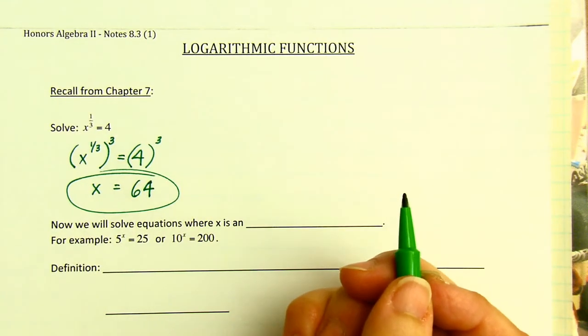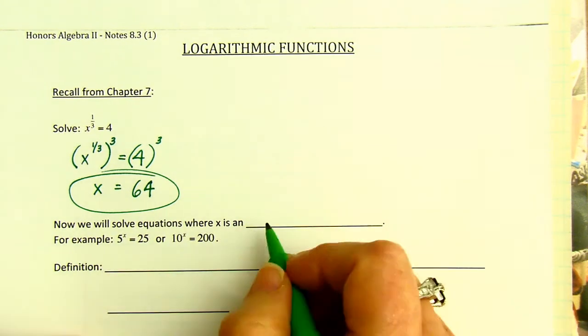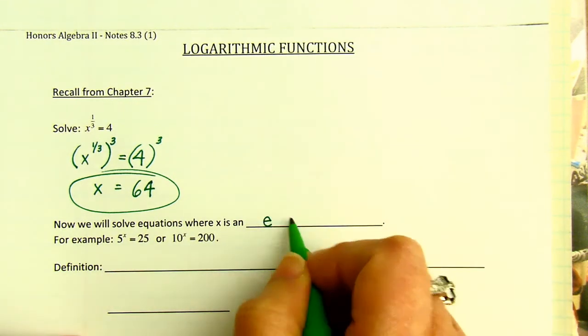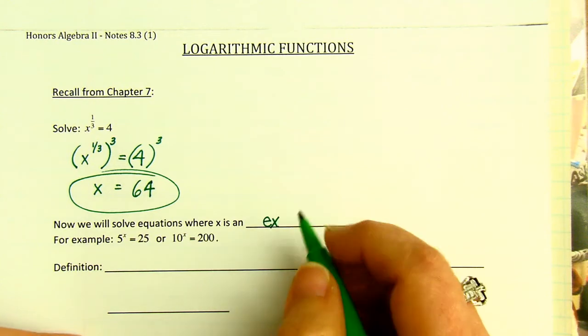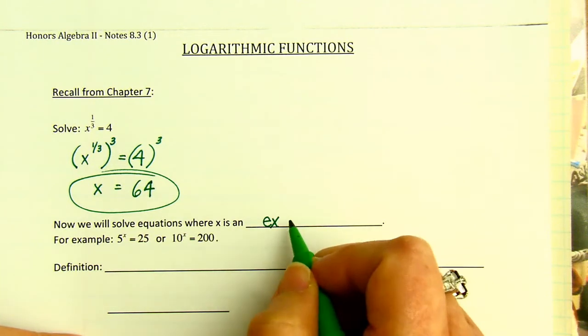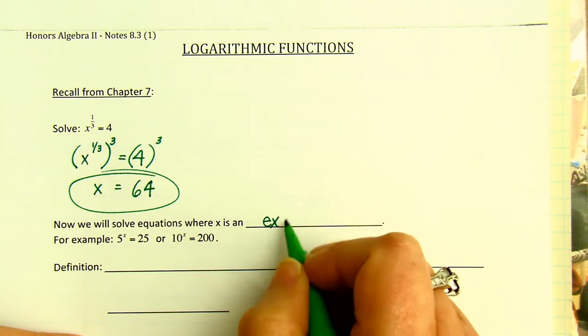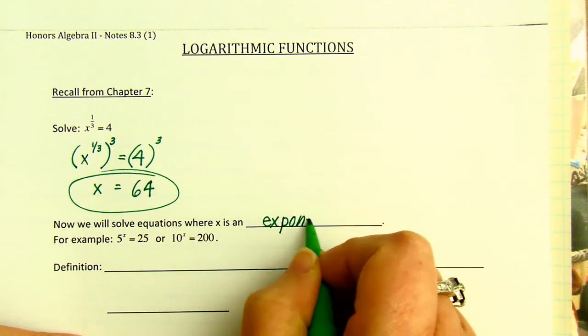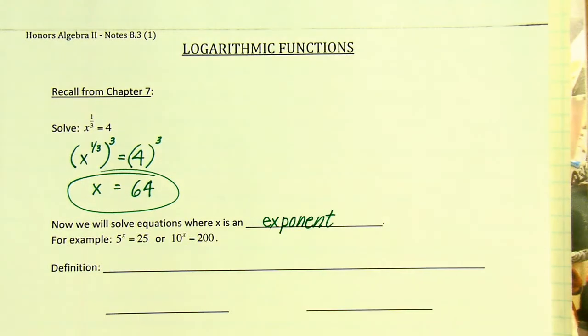Now we will use equations where x is an exponent. So logarithms are exponents. We're going to be looking at exponential equations. And actually the log function is the inverse of the exponential. Like squaring and square rooting are inverses of one another, exponents and logarithms are inverses of one another.